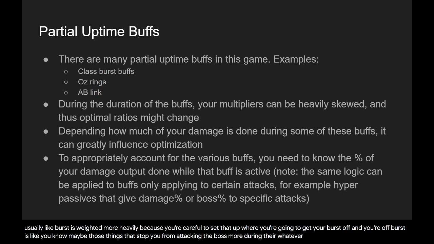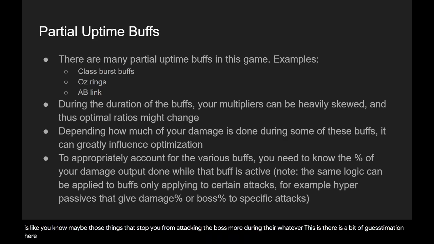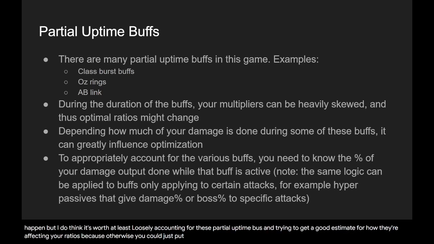The point is, there is a bit of guesstimation here that has to happen, but I do think it's worth at least loosely accounting for these partial uptime buffs, and trying to get a good estimate for how they're affecting your ratios, because otherwise you could just be way out of whack.